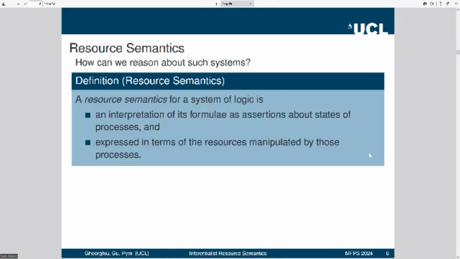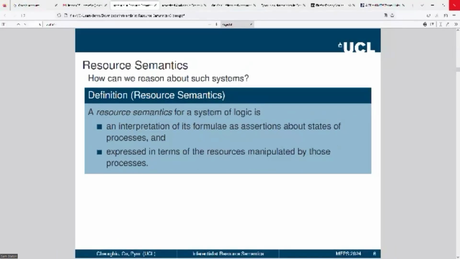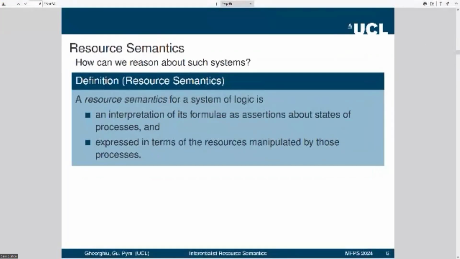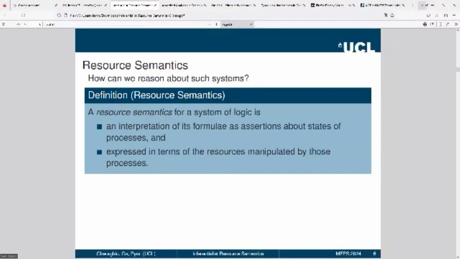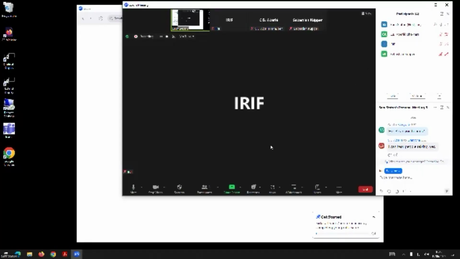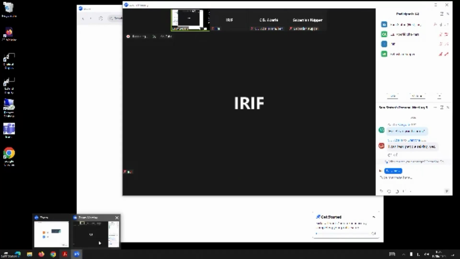Sorry, I heard that it's very hard to see the image from the back, if somebody knows how to operate it. Yeah.